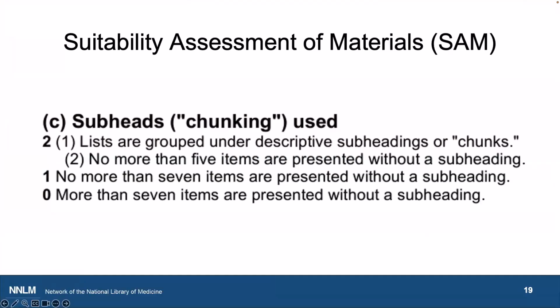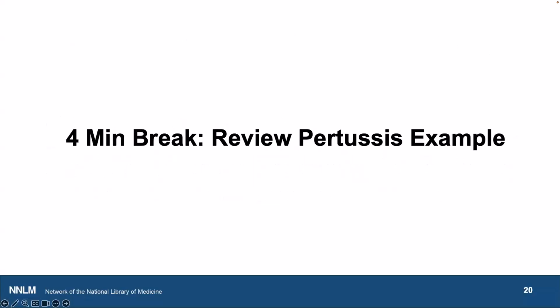Click that link and use that same guide we just covered for subheadings and chunking to give the pertussis document a score, for subheadings and chunking, and nothing else. Then after that, we'll come back and see how you did, and we'll reveal the answer. We'll take about 4 minutes for that.